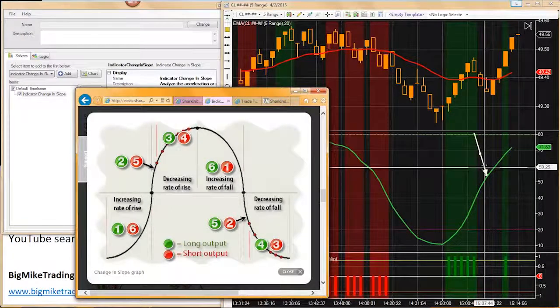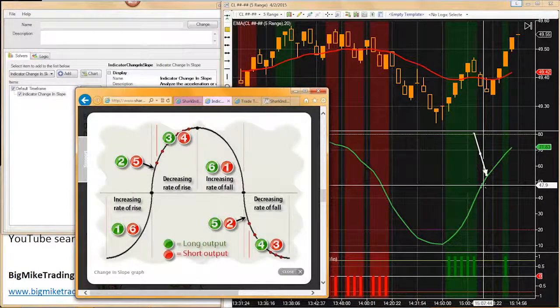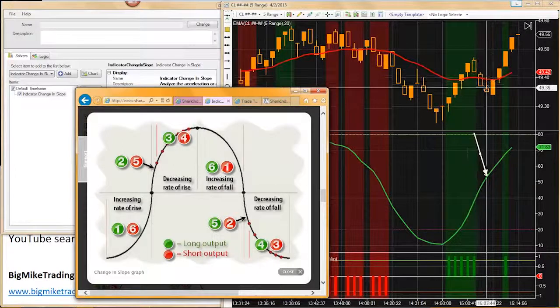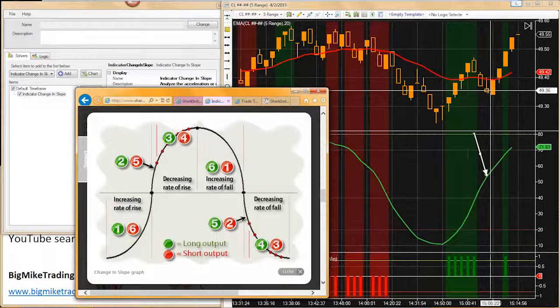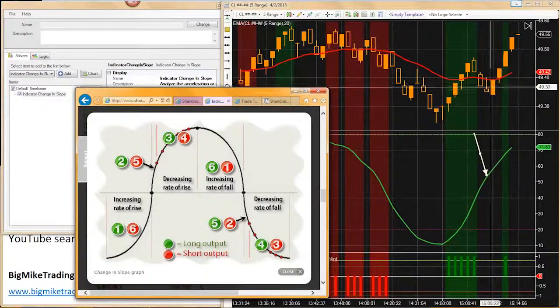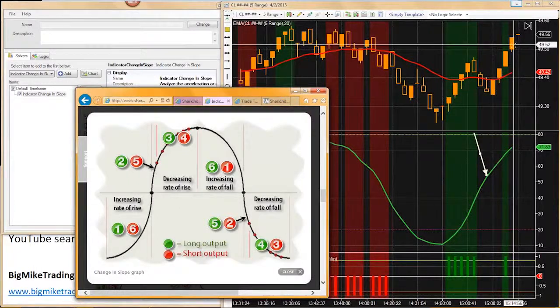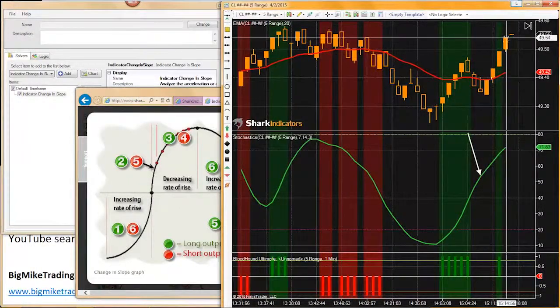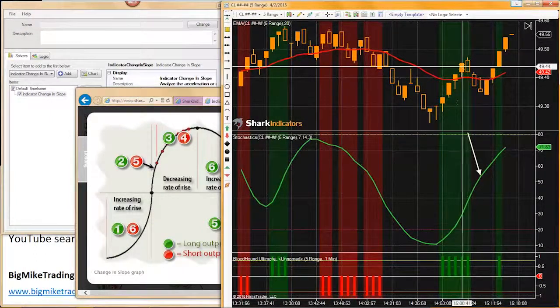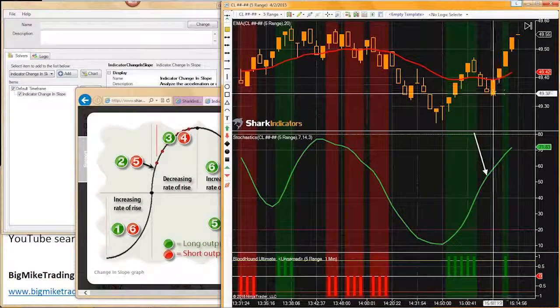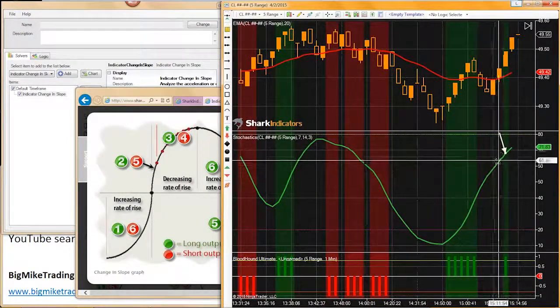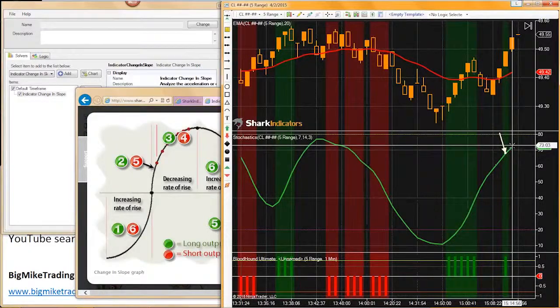It just so happens that with the stochastics, we can see the reason why is because price had a little pullback. Then as price continued to move up, we can see, looks like that is all the data I have on the chart, that the stochastic began to rise again.